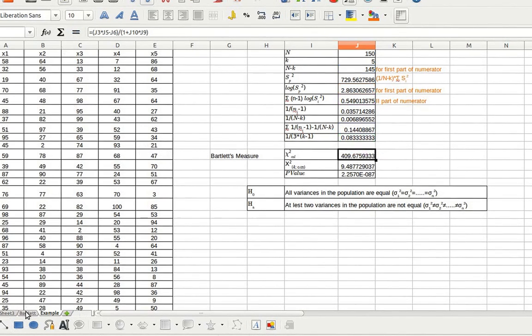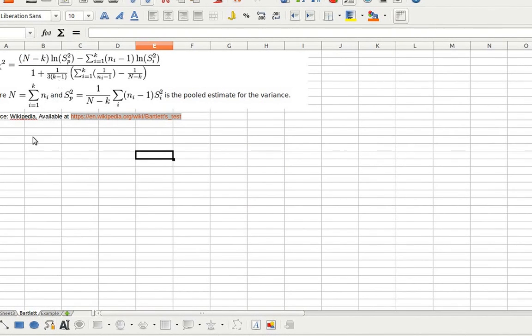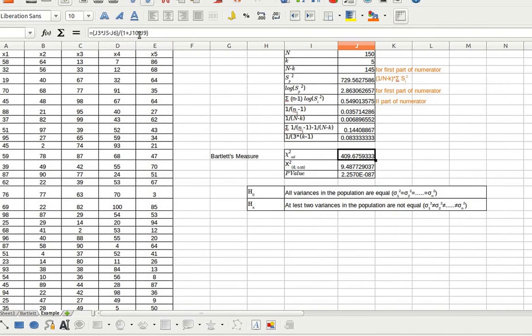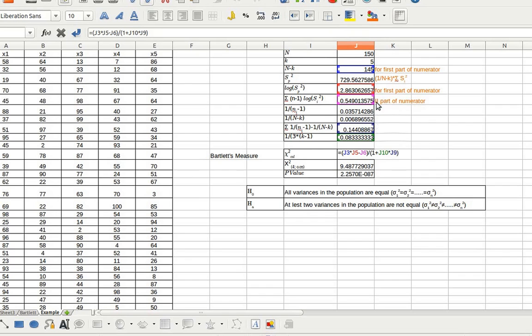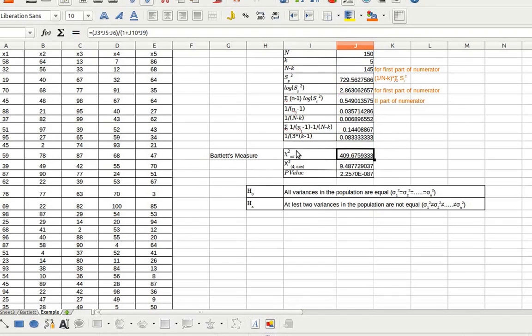You can check that here. That is the second, and I'm going to multiply that value with the rest of the part. See here, I'm going to multiply the star value and j9; in j9 I already have that value, so 1 by n minus 1. So I just have to prepare this numerator and denominator part by part, and after that I have to substitute in the formula to get the chi-square value.